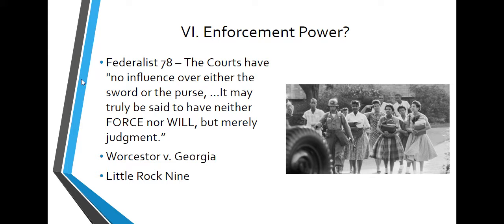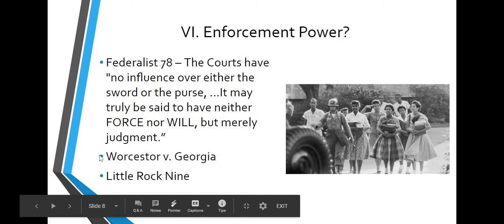The Supreme Court can't enforce its own decisions. It relies on the other branches to treat it with legitimacy. And if they don't, if they refuse to enforce the court decisions, there's not a ton of recourse from the Supreme Court. I've given this example before, but this is a case while Andrew Jackson was president, Worcester v.